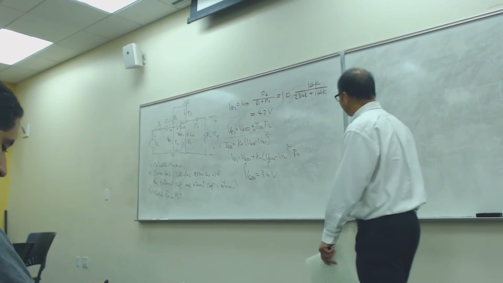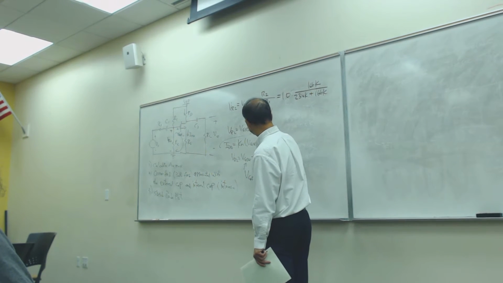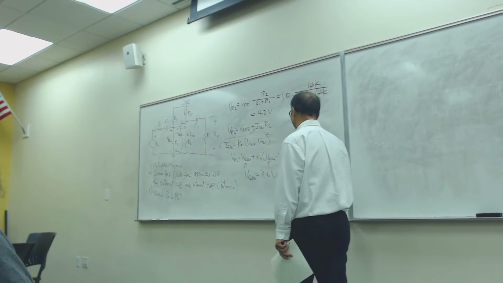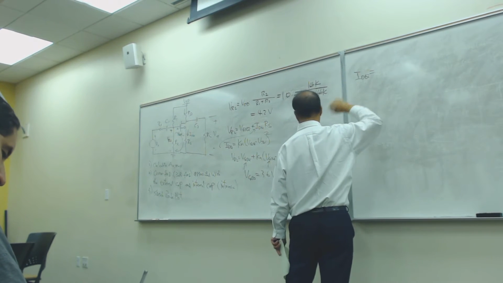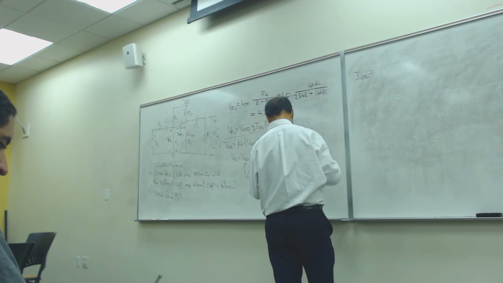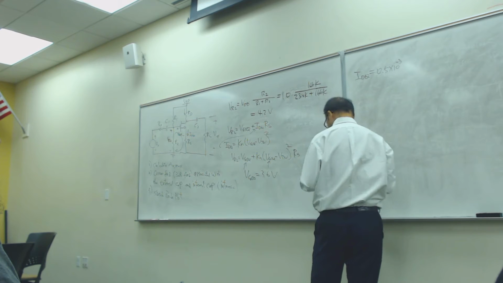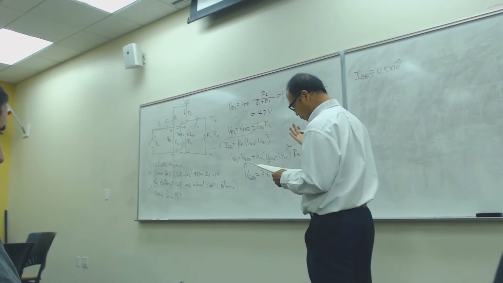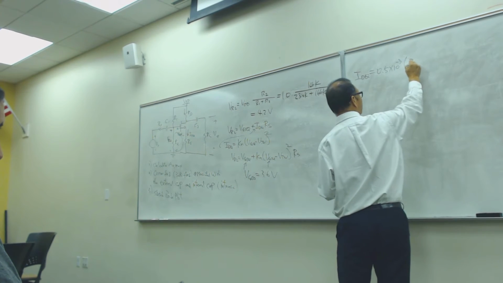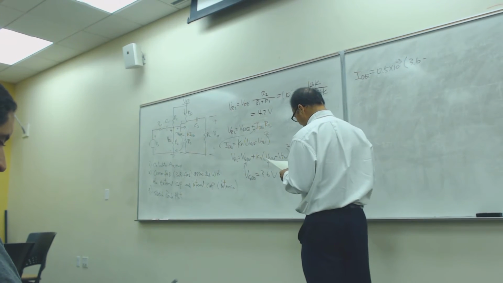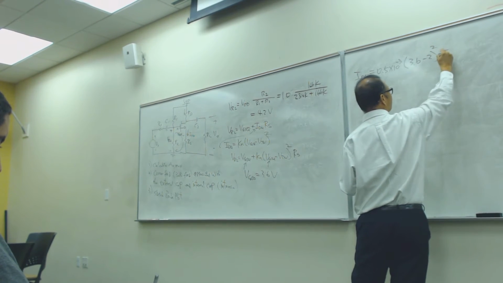Now with that, I can go back and find the value of IDQ, correct? So IDQ equal to Kn, which is 0.5 times 10 to the minus 3, because it's milliamp per volt square, times this 3.6 minus VTN. VTN is 2, right? Square.